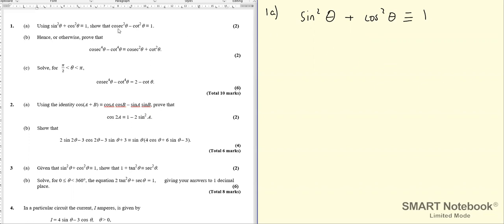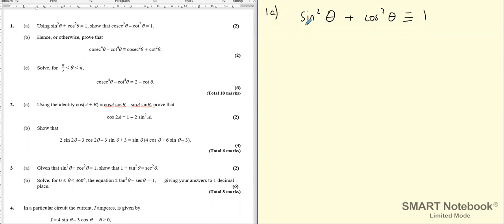Now, we think about cosec squared. How can we get cosec squared? That's 1 over sine squared. And how can we get cot squared? That's either 1 over tan squared or cos squared over sine squared. So ultimately what we're trying to do is divide by sine squared.